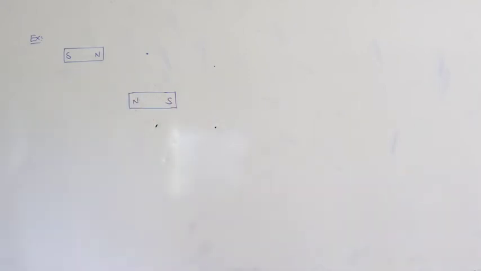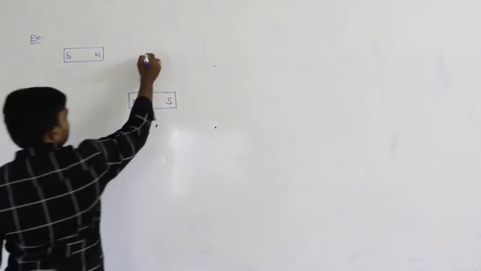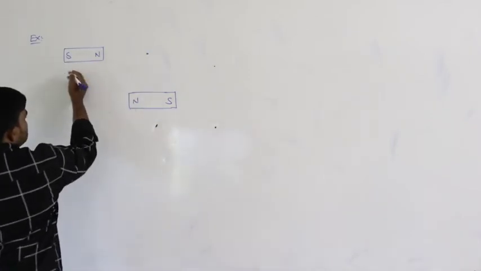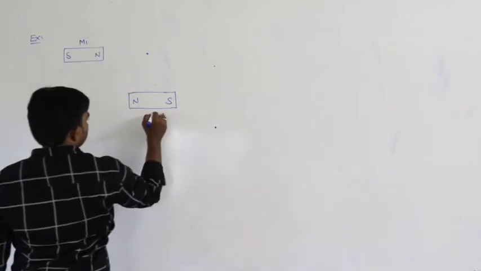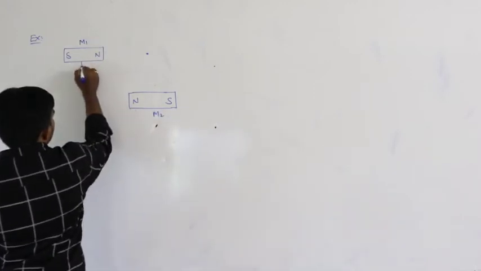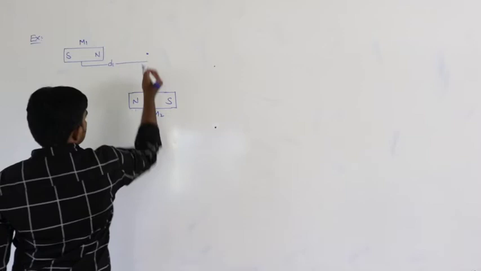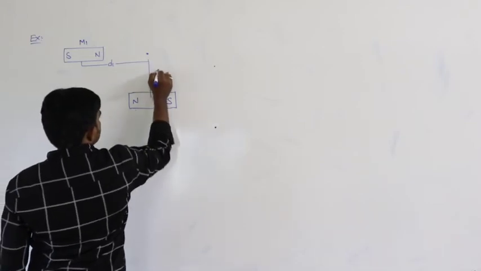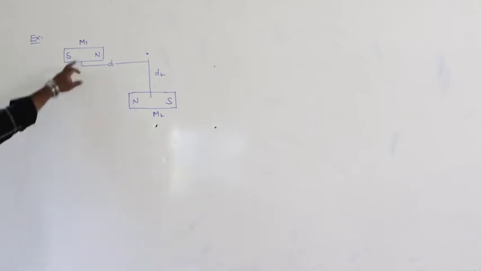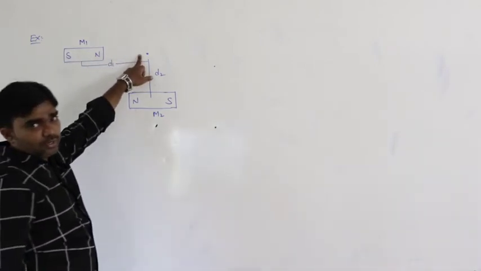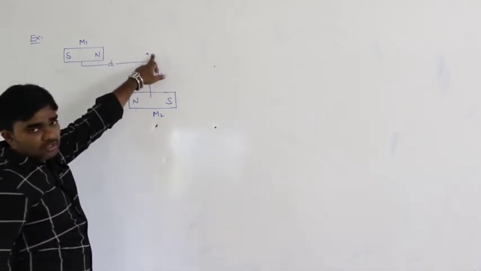So this is the common point. For the first magnet let us say its magnetic moment is m1 and for the second it is m2. From the center it is at a distance d1, and from the other center it is at a distance d2. Now for this magnet this is the axial point and for the other magnet this is the equatorial point.